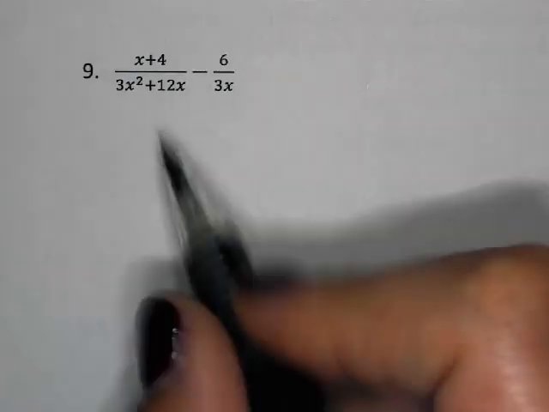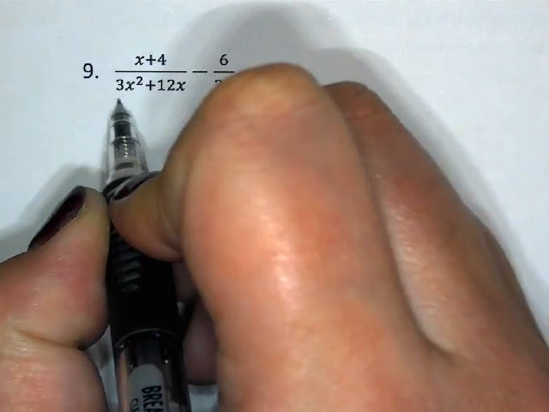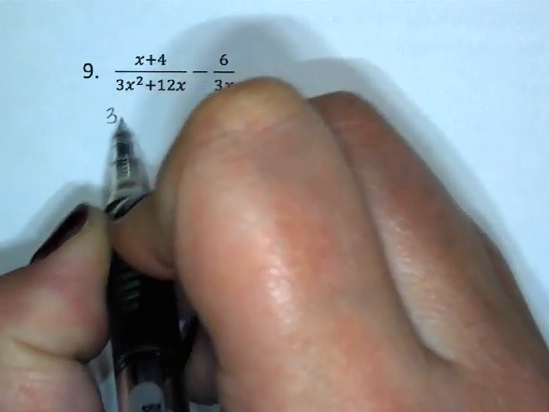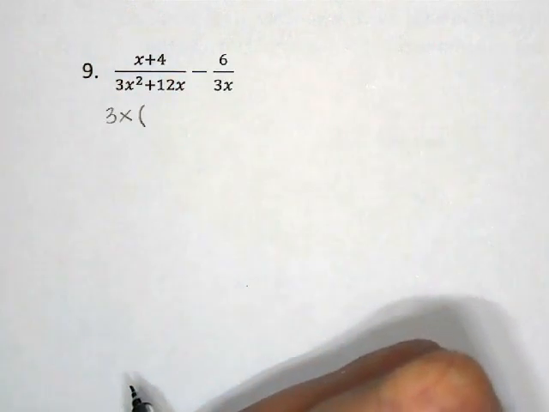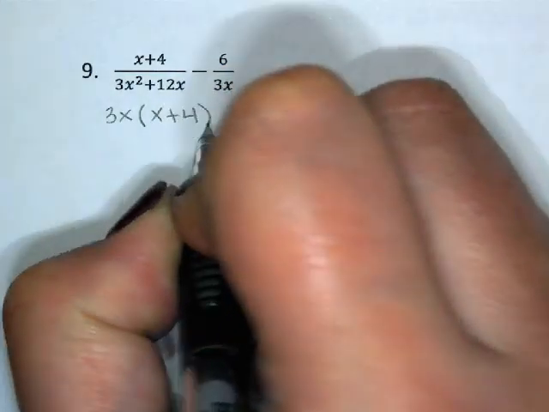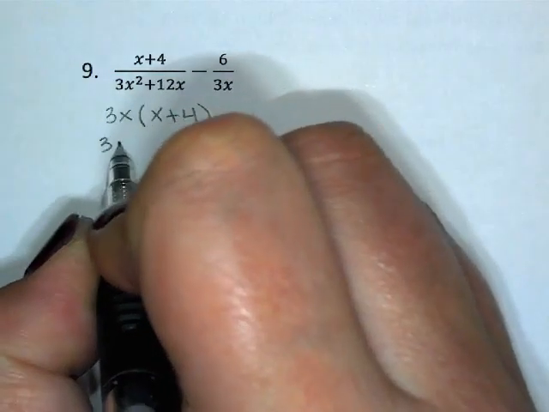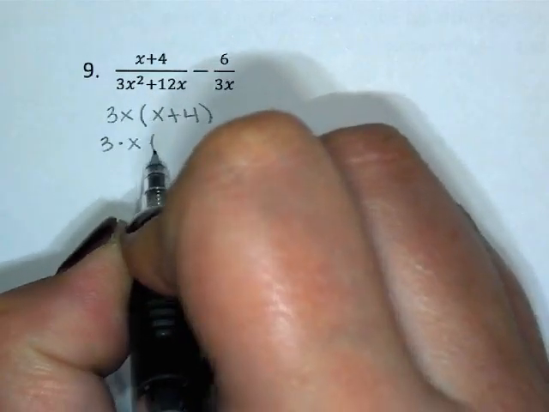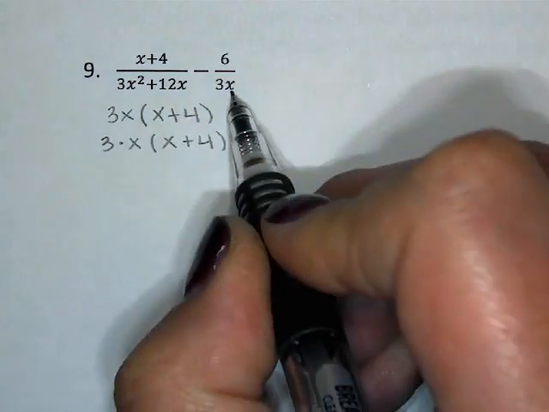We take out 3x. Okay, there's a GCF of 3x. And once you take out the GCF, the leftovers are x plus 4. So we have a 3 times an x plus 4. And then over here, we just have a 3 times x.